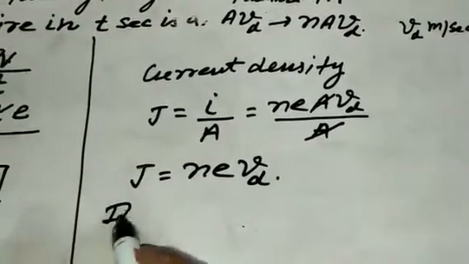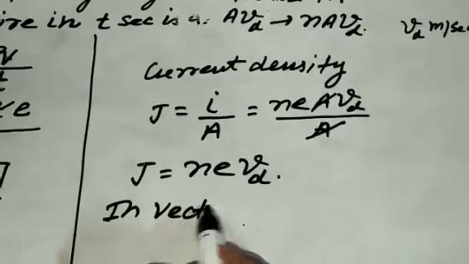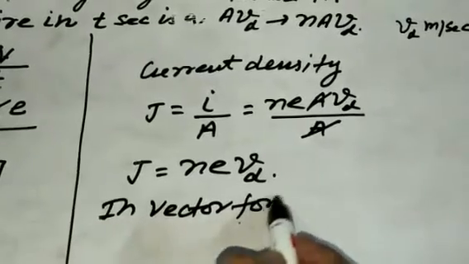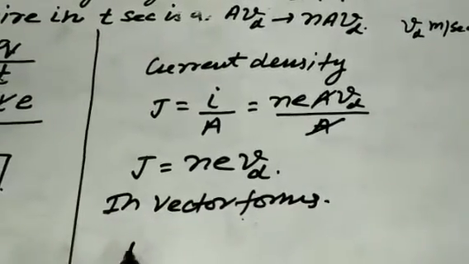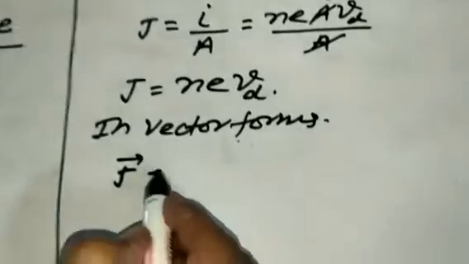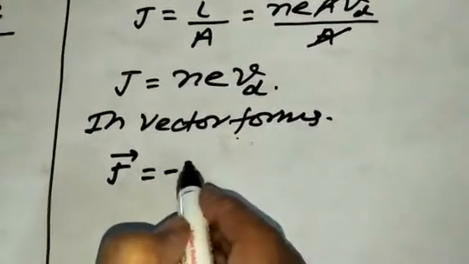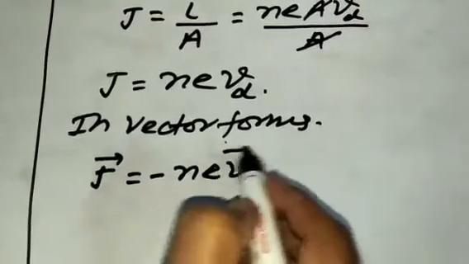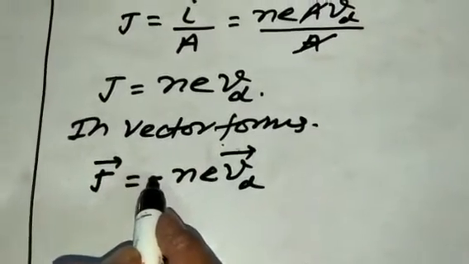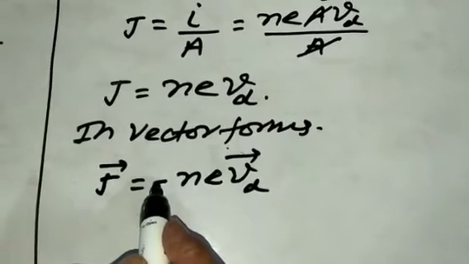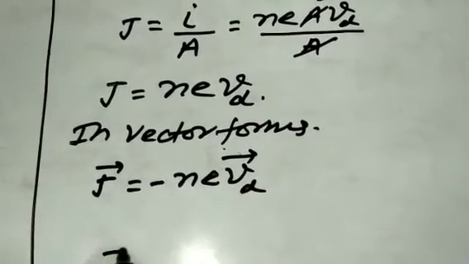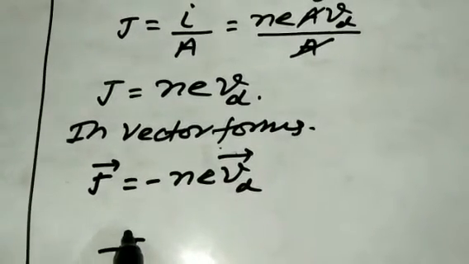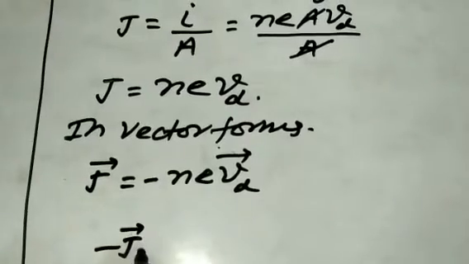In vector form, we can write vector J is equal to minus neVd. And here minus sign signifies that electron moves in the direction of minus J, means opposite to the current density.